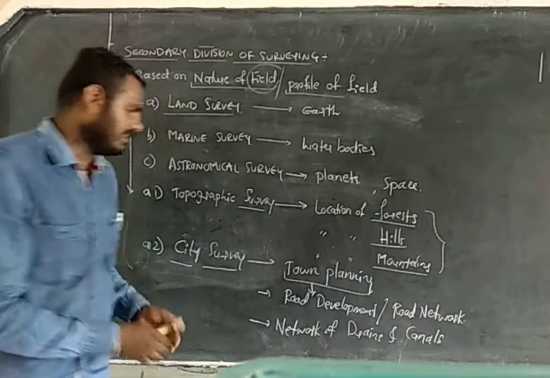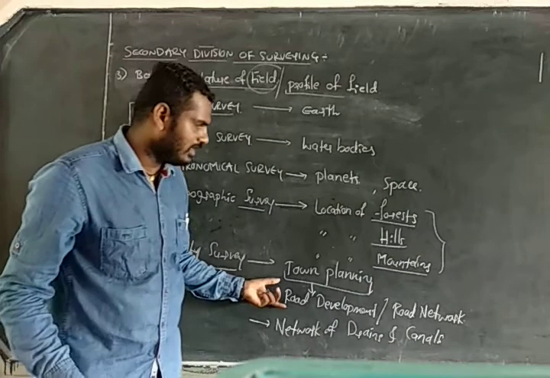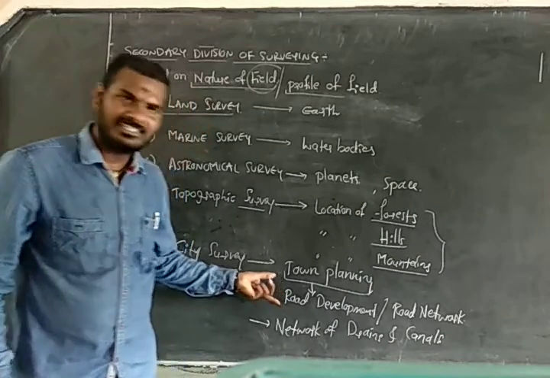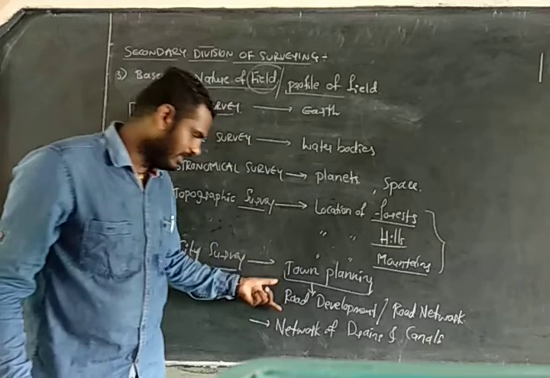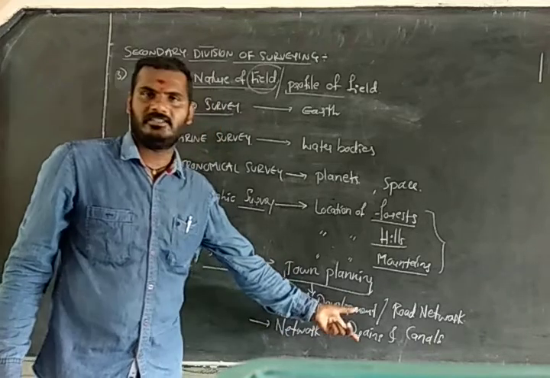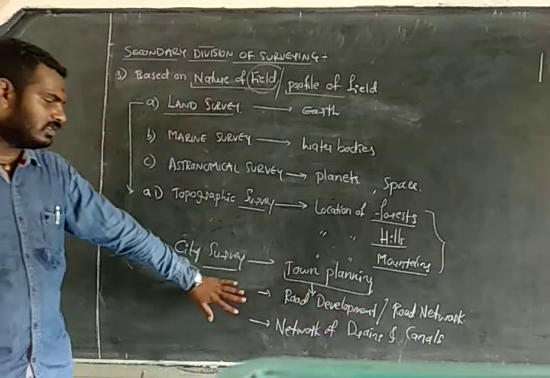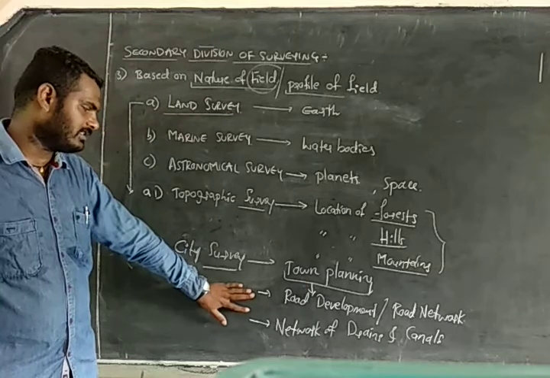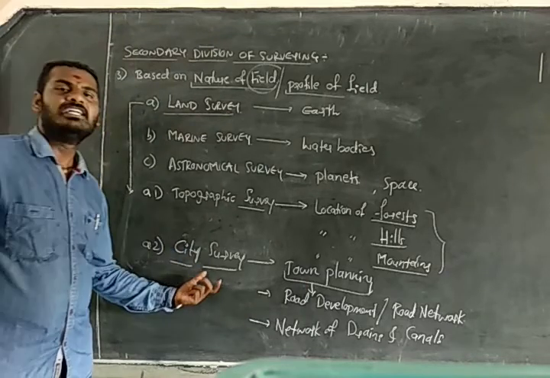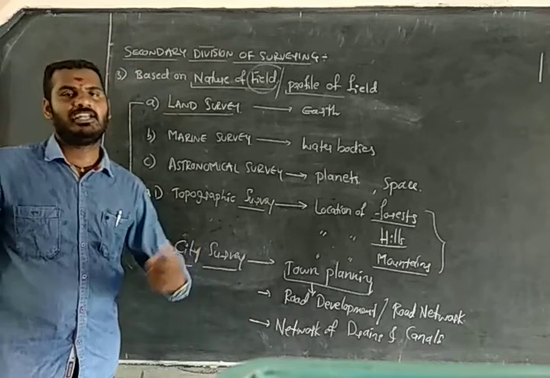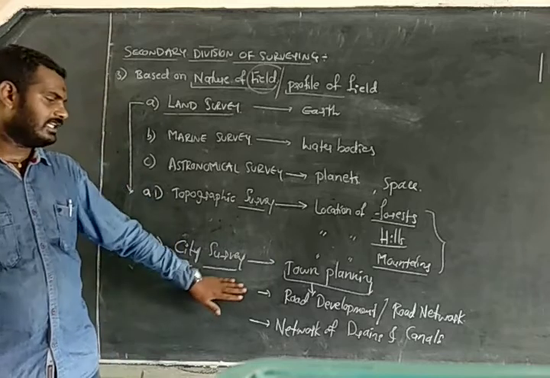These two are considered, especially the road development as well as the building area, meaning built up area. Next, the network of drains and canals. These two are the major aspects covered in city surveying. Why? Because if you want to develop a particular town, this is very important.